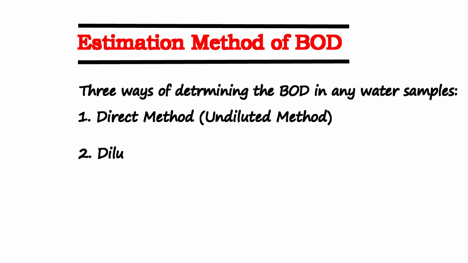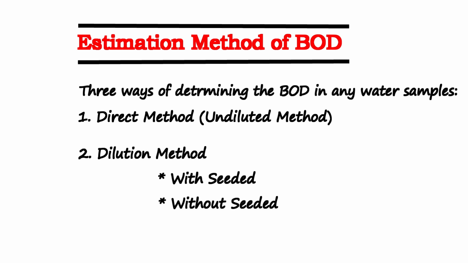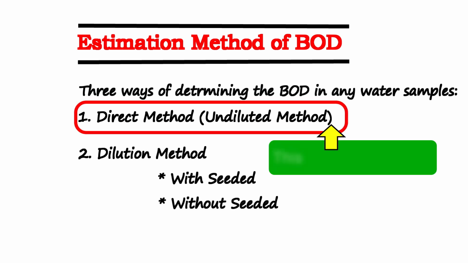And the second method is called the dilution method, which is further subdivided into 2 types. One is called the dilution method with seed, and the other is called the dilution method without seed. However, in this video, I'll demonstrate to you the direct method of estimation of BOD in any water samples.